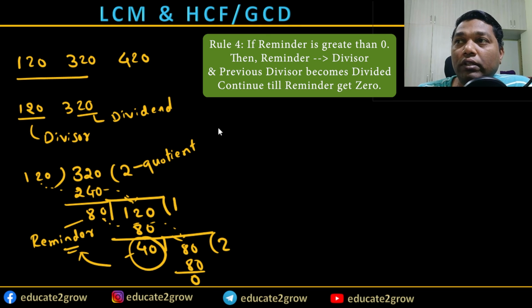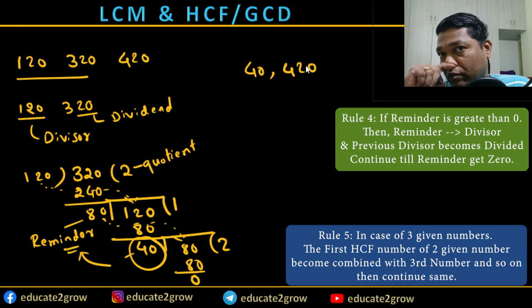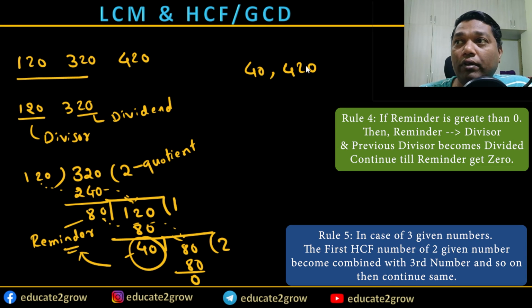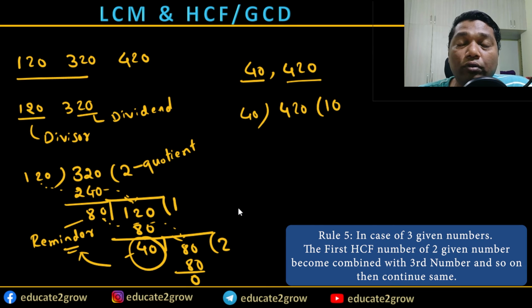So let's pick this 40 now, and now 420. We need to combine with the third number, then find the least number here. This is the least number, so this becomes the divisor and this becomes the dividend. So 420 and 40. 40 into 10 equals 400, and the remainder is 20.